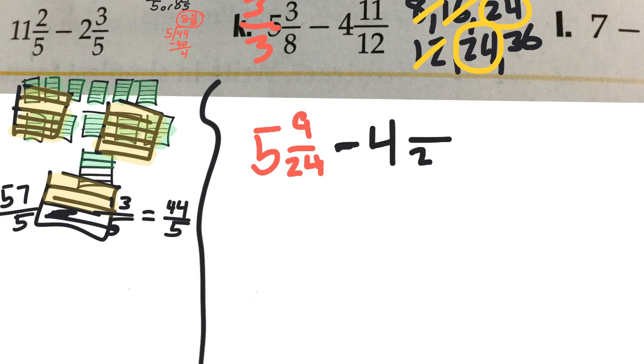But I want it to be over 24, so how could I get from 12 to 24? Multiply by 2, so I need to multiply the top by 2. 2 times 11 is 22. So I've got 5 and 9/24 minus 4 and 22/24.